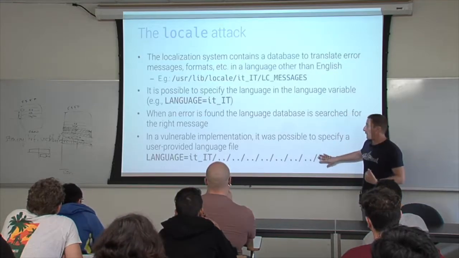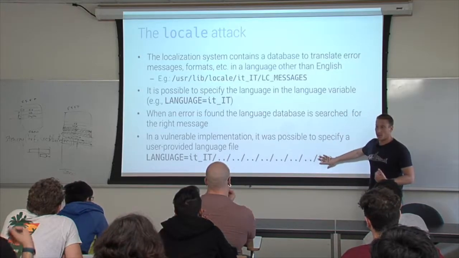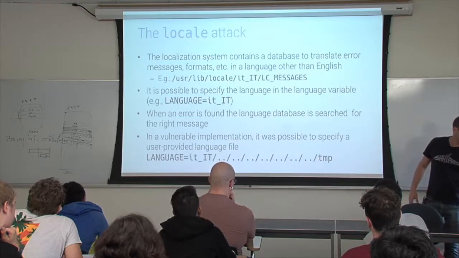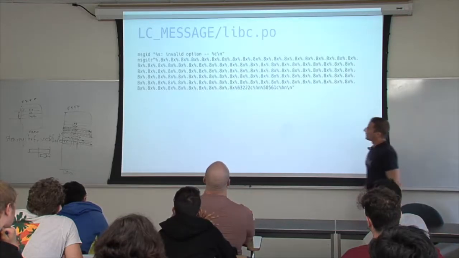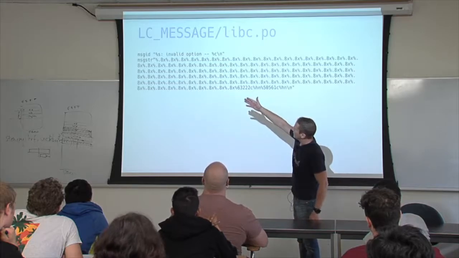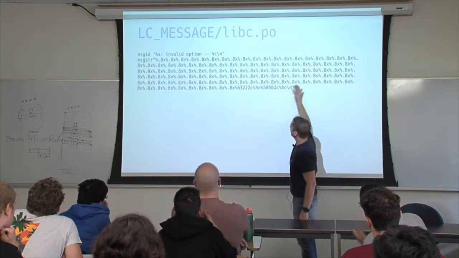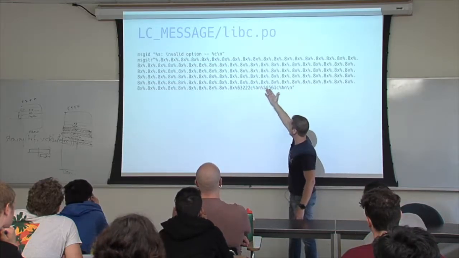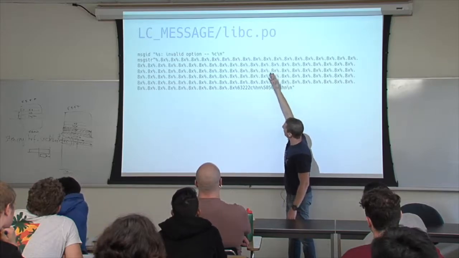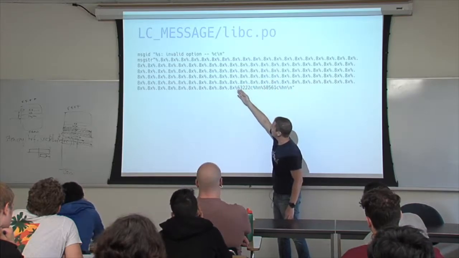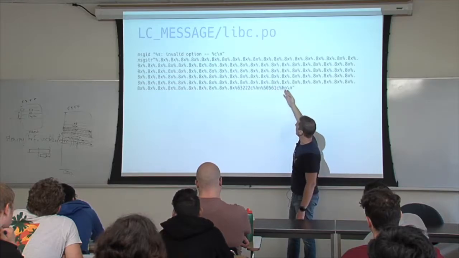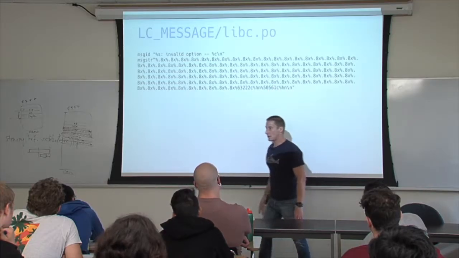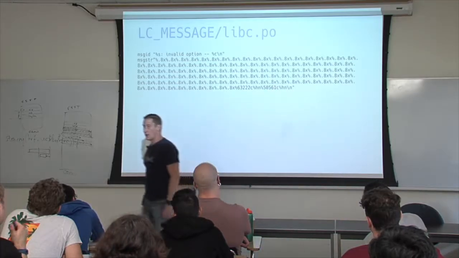And so you would create a fake localization message. For example, instead of "invalid option," you would have something where you recognize some of these numbers. This would pop a bunch of things from the stack until it gets to the right values, and it would just write whatever is needed, wherever they want.